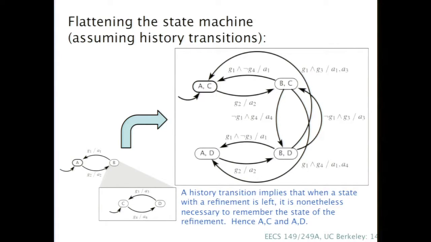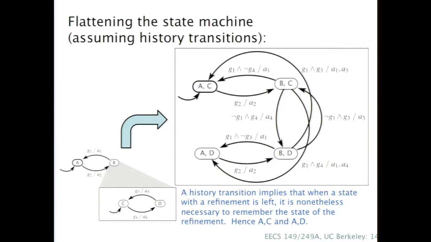Yes? Sean? If instead of going from A back to B, there was a long chain where A went to other states and then went to short B, when you split it up into A, C, and A, E, then that means that in the added states, there would have to be two copies of both frames. Excellent observation. If I have a whole bunch more states here, then the total number of states in my system will be the product of that number of states and the number of states in the refinement.